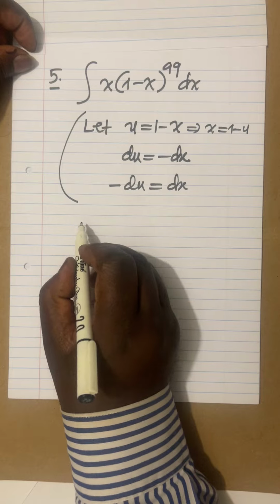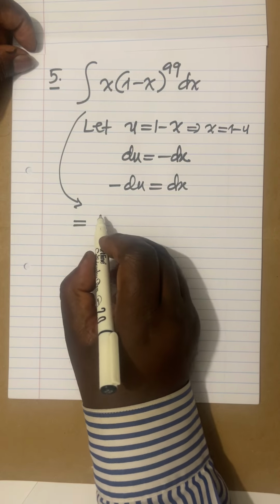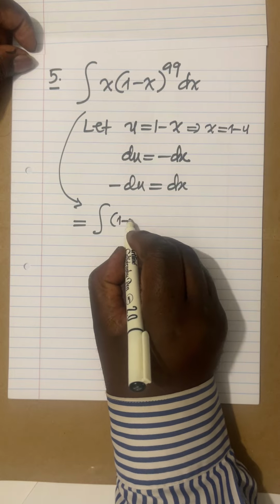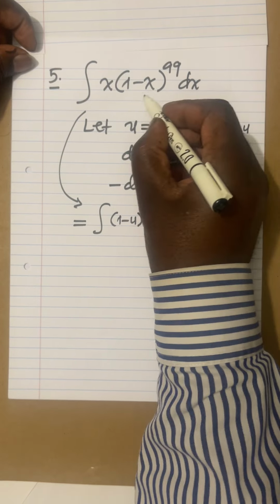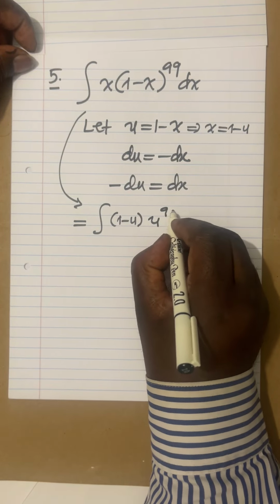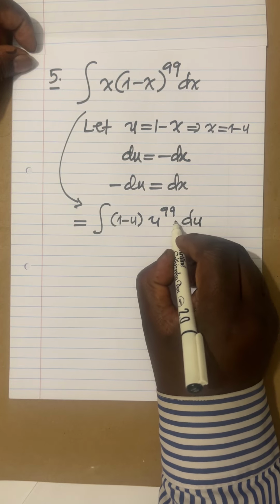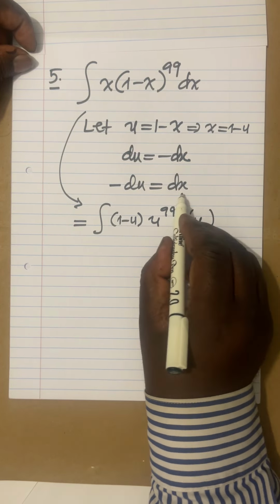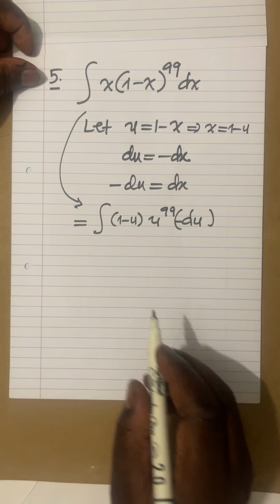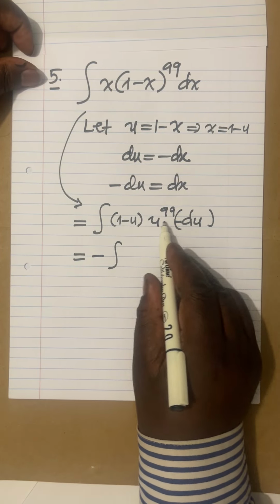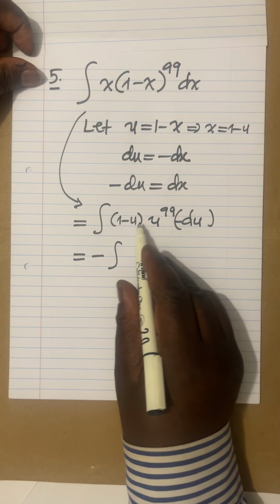So this integral then will change to the integral of, instead of x, I'm going to have 1 minus u. And then here I'm going to have u to the power 99. And then I have minus du, because dx is minus du. I'll take the minus outside. So this is minus the integral of, and I'll distribute the u to the power 99 across there.